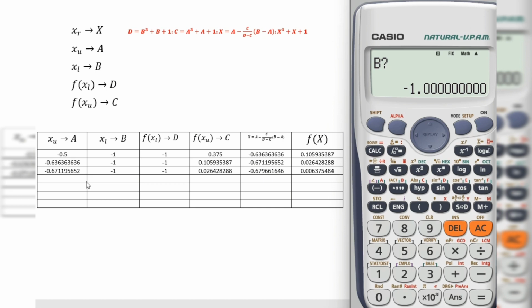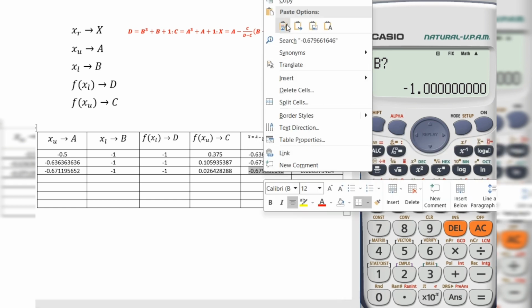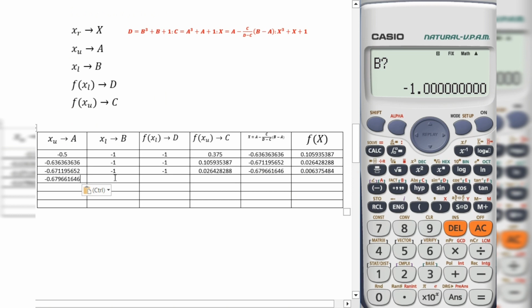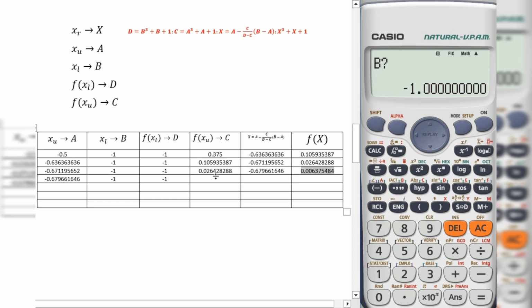Again B is equal to minus 1 and A is equal to X. B is equal to minus 1 and also D is equal to minus 1. C is equal to this value.